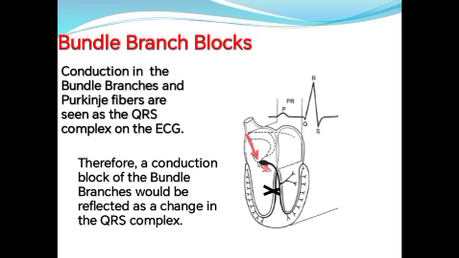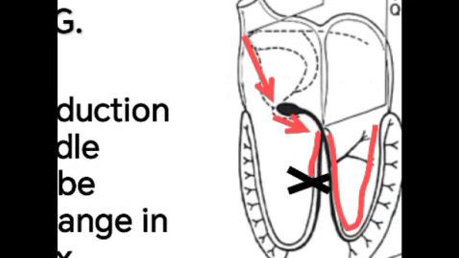Here you see this is the electrical activity in the right bundle branch block. You see the black X here. This is the right bundle, and it was blocked at this point.